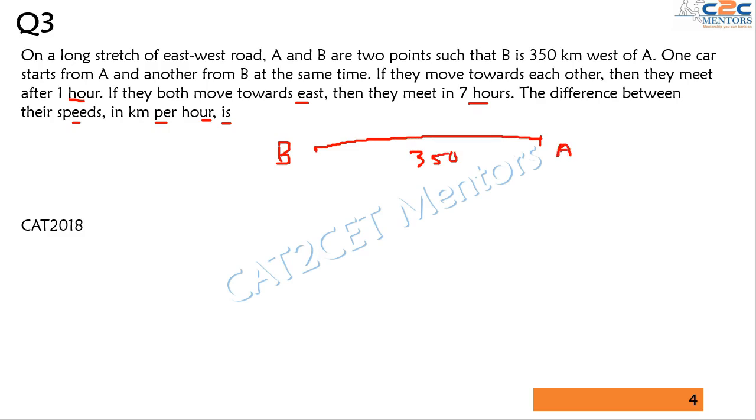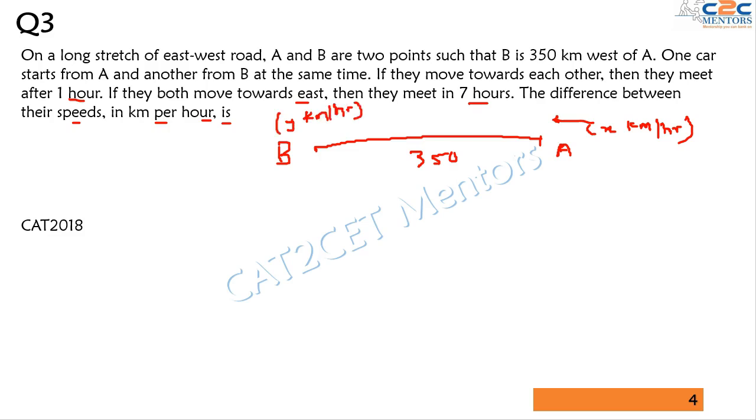This is point A. Let's say that the car starting from A has a speed of x kilometers per hour, and the car starting from B has a speed of y kilometers per hour.